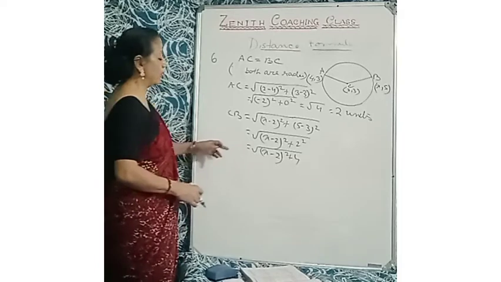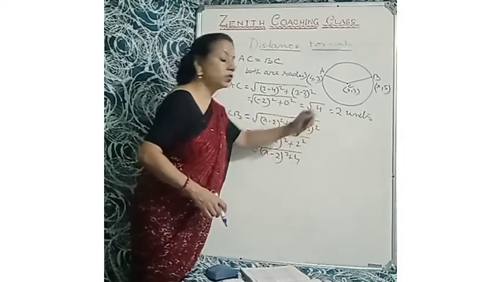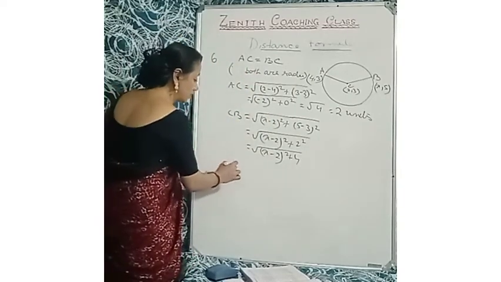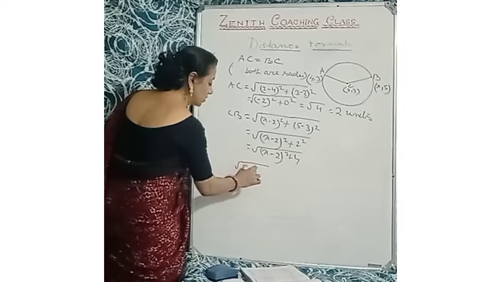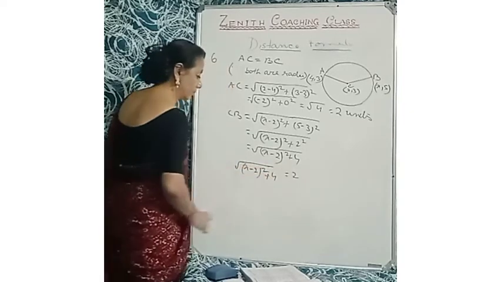Therefore, according to the problem, √((x - 2)² + 4) equals 2, because AC equals BC.